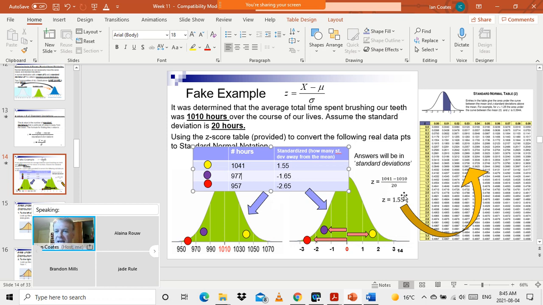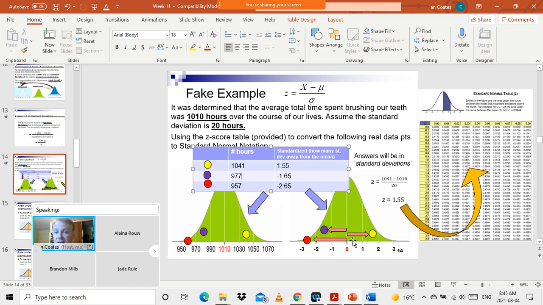Now, it may look completely nonsensical, but what this number means is that that data point is 1.55 standard deviations away from the mean in a positive sense here. So you'll have a look here that data point, which was right there, because it was 1,041, that's right in there.